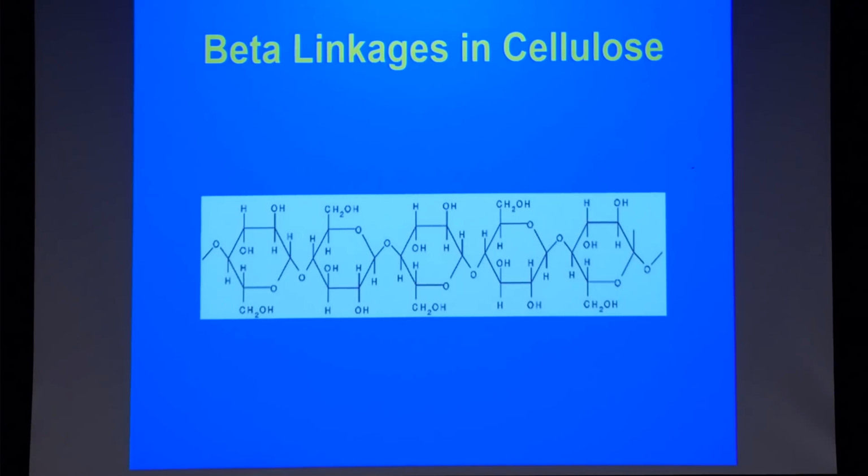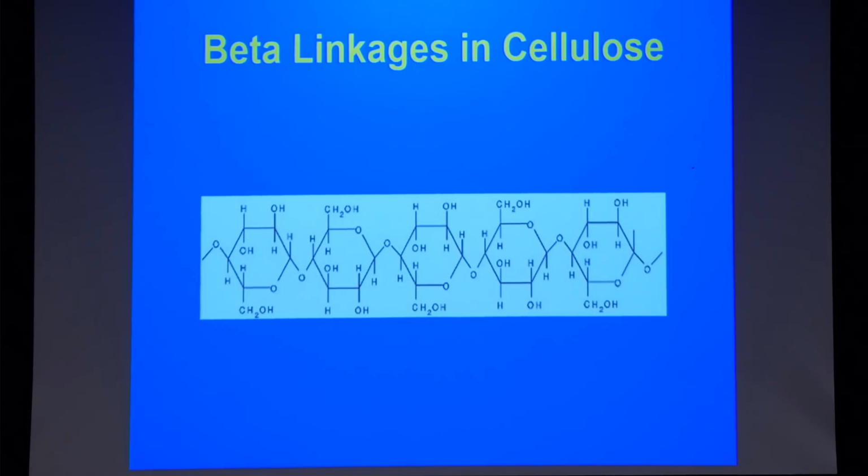But if we go to this molecule, it is cellulose. And you'll see it pretty much is the same thing. Here we have a 6-membered ring. It's linked the number 1 carbon to the number 4 carbon of the neighboring glucose molecule by this oxygen. But now we find that rather than all of the oxygens being below the plane of the ring, these alternate, below and above, below and above.